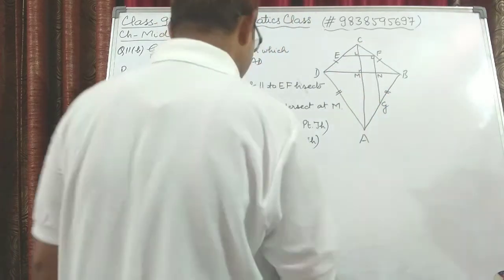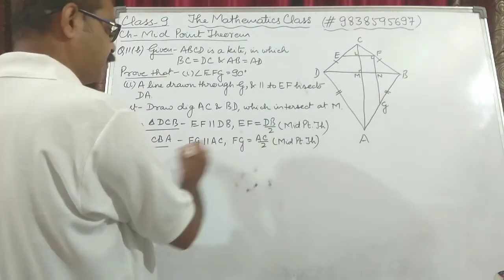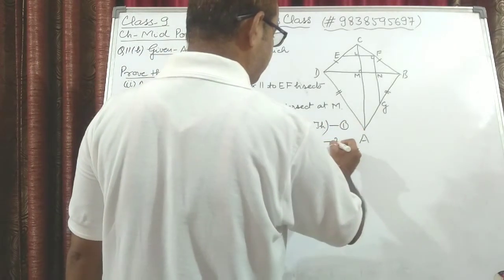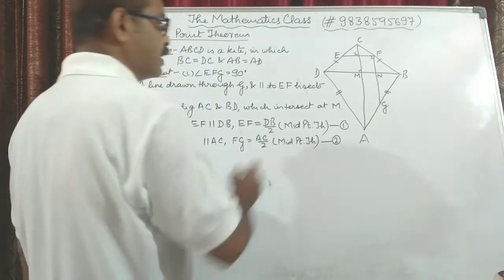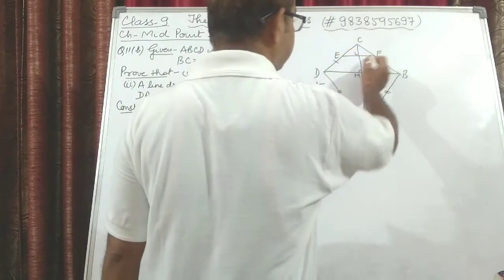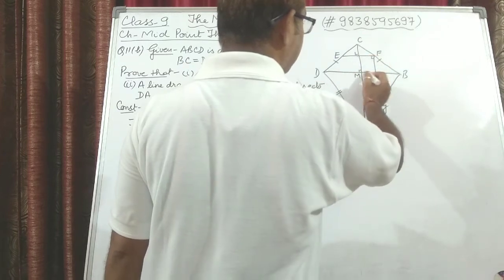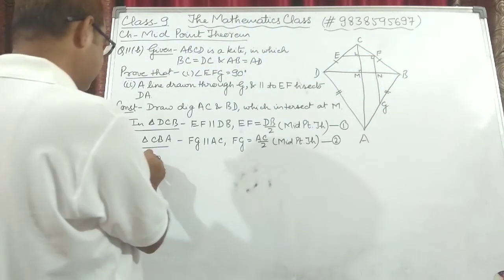Now we have proved that EF is parallel to DB, at the same time FG is parallel to CA. Let this be equation number 1 and this be equation number 2.